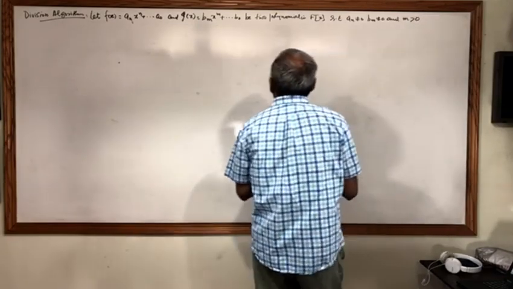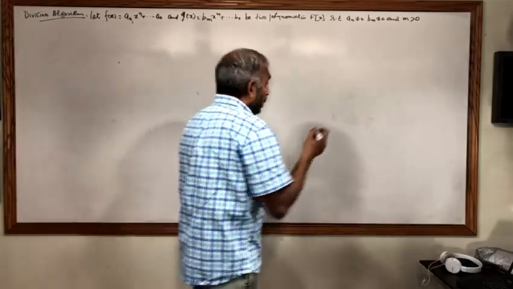We don't want g of x to be a constant polynomial.